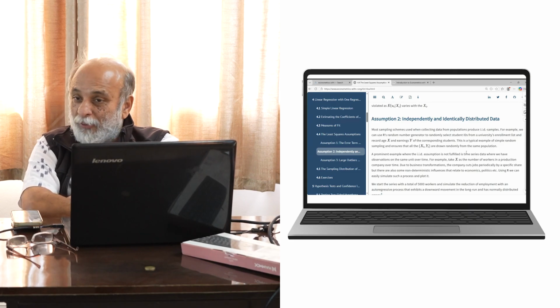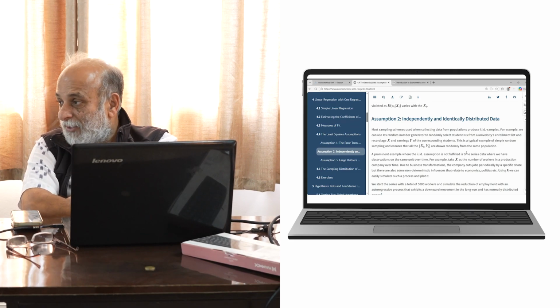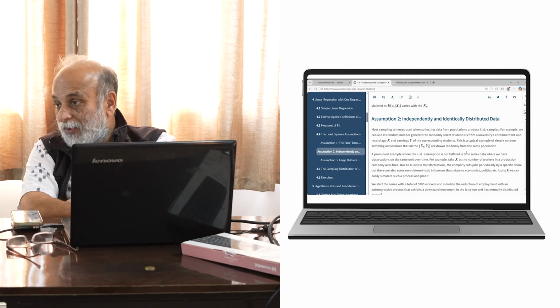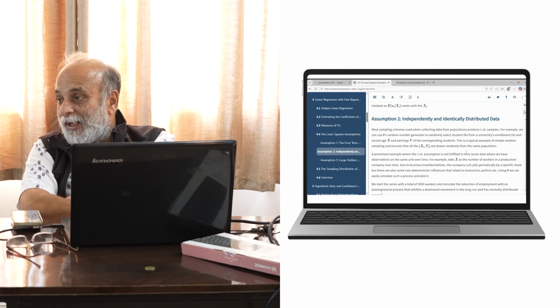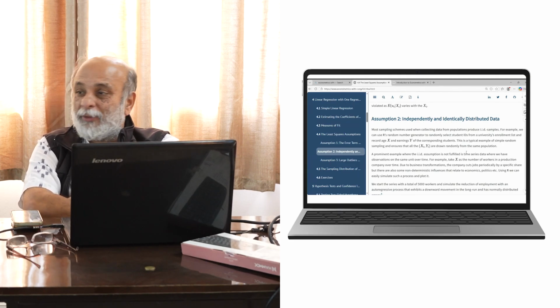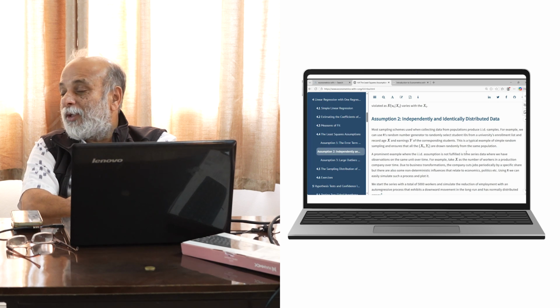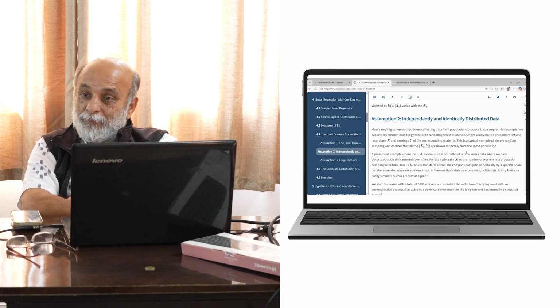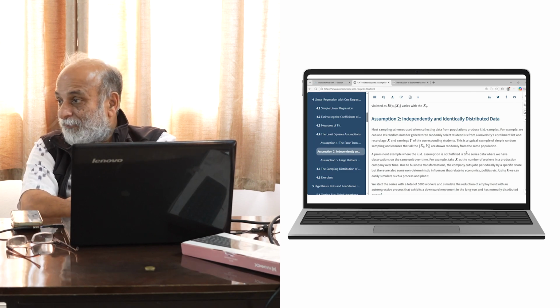So EXP is your expenditure, Y is your income, and you collect data on a sample of say 1000 households. You have chosen them randomly, so some of these households are in Ghorpadi, some in Khadki, some in Deccan, some in Pashan and so on.